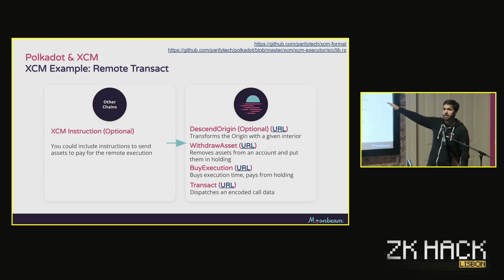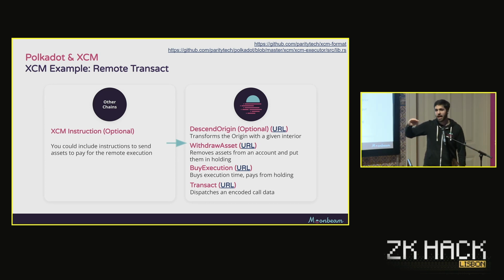The first one basically creates this multi-location derivative account, okay? So it's basically saying this is Alice on Polkadot, or Alice on Moonbeam, or whatever. The second one is going to take funds out of this multi-location derivative account and put them in something called the holding registry. The way I like to say it is that I take money out of my pocket and put it on the table, because we're going to use it with another instruction.